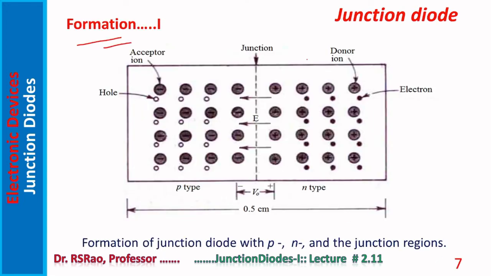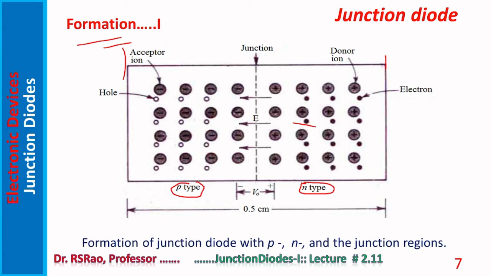Now, a few points regarding the formation of the junction region in a diode. Here is a piece of semiconductor from here to here. On one side, p-type impurities are added, on the other side n-type impurities are added.